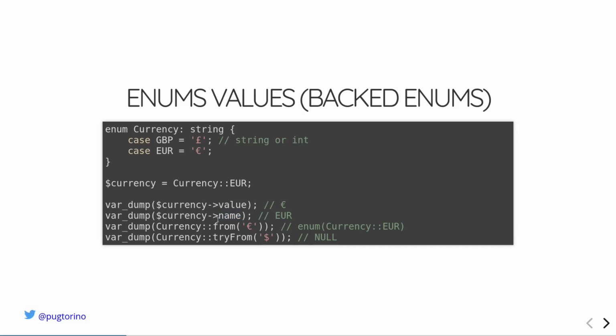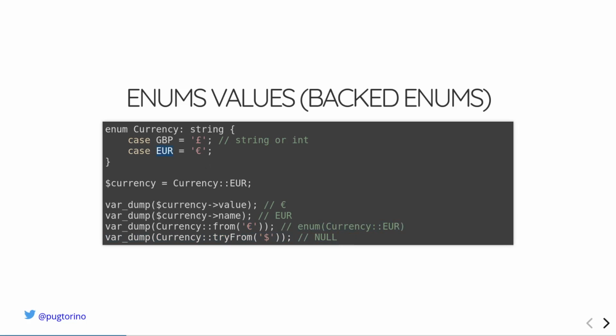The enum offers you some utility functions, like for instance from. If you use this function on the currency, you can say, okay, I want to have the enum value of the string euro symbol. This will create the enum currency euro.